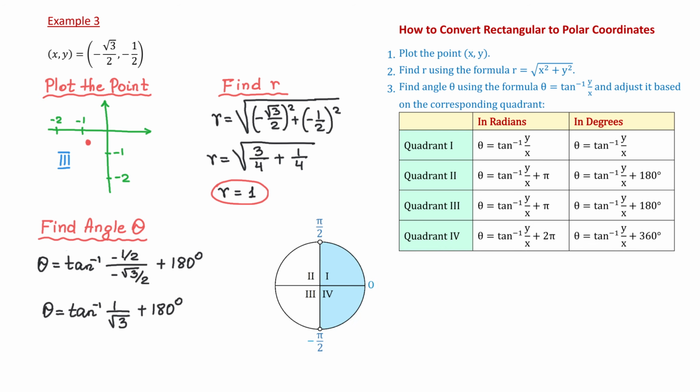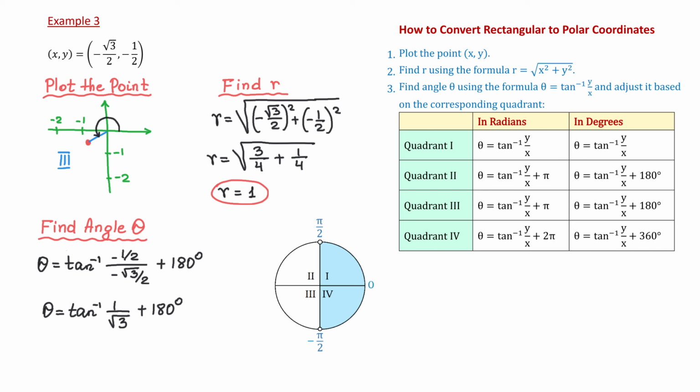And again, we are adding 180 degrees because of the range restriction of the inverse tangent function. And again, this range is an angle between negative 90 degrees and positive 90 degrees. However, if we connect this point with the origin, then the angle formed is more than 180 degrees.